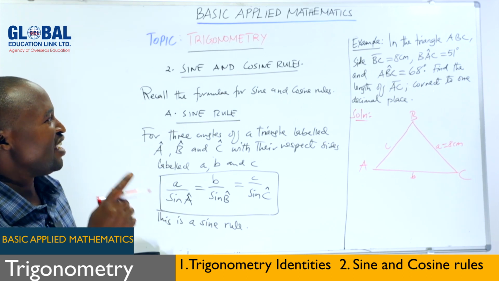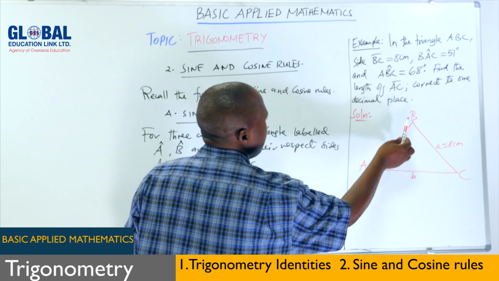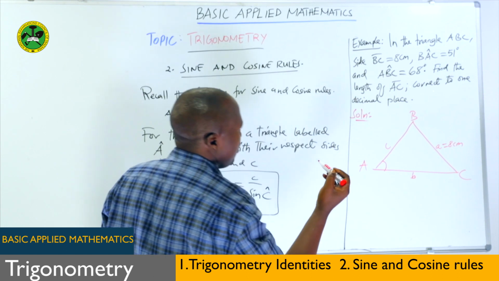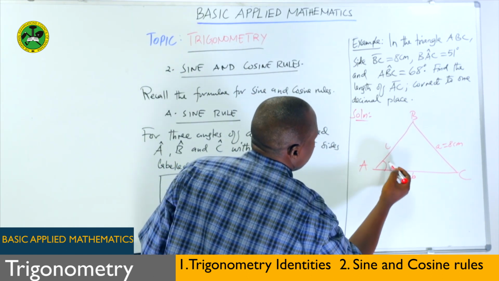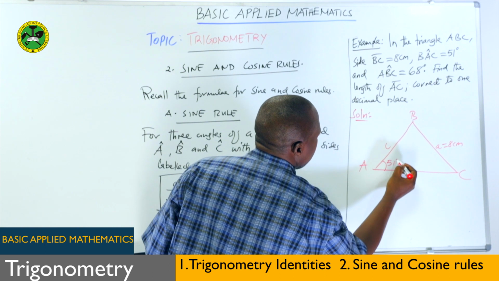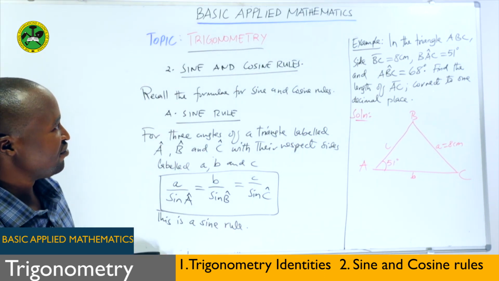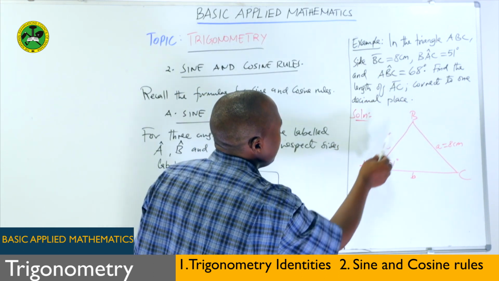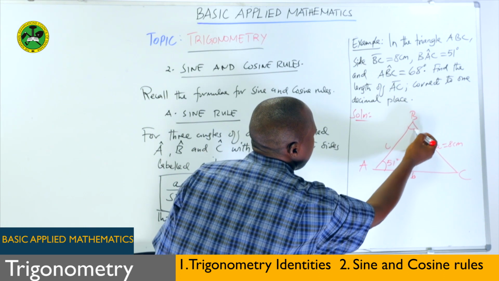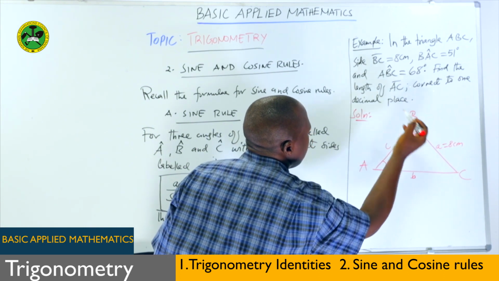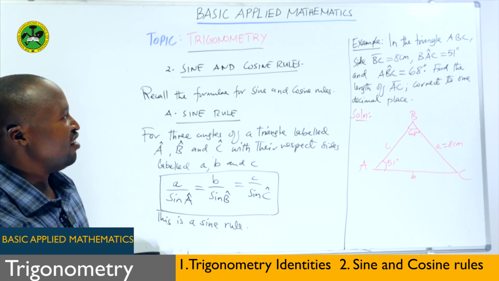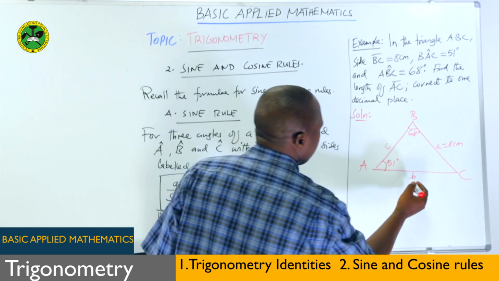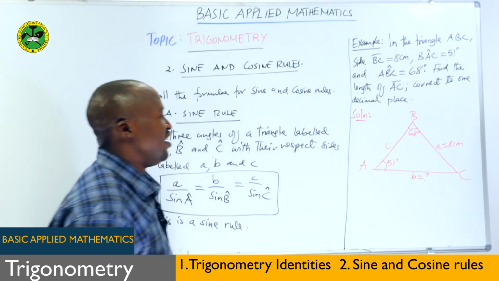The angle BAC, this angle, is equal to 51 degrees, and the angle ABC is equal to 68 degrees. We need to find the length AC, that is B.